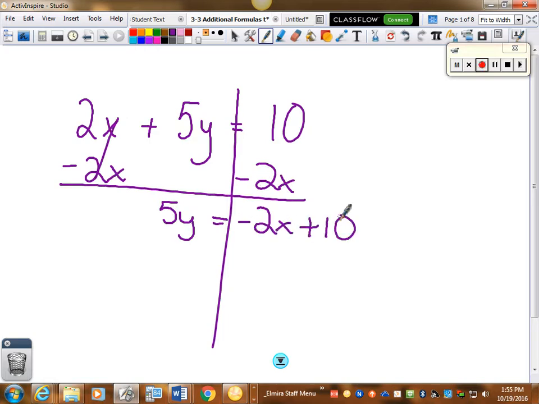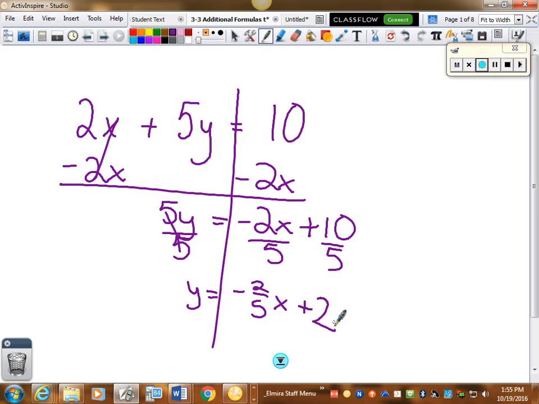We're maintaining our y equals mx plus b form. Then divide both sides by 5, and you get y equals negative 2/5 x plus 2. What you don't realize is you actually followed the steps that I'm going to show you today for other kinds of equations. You are already following these steps.